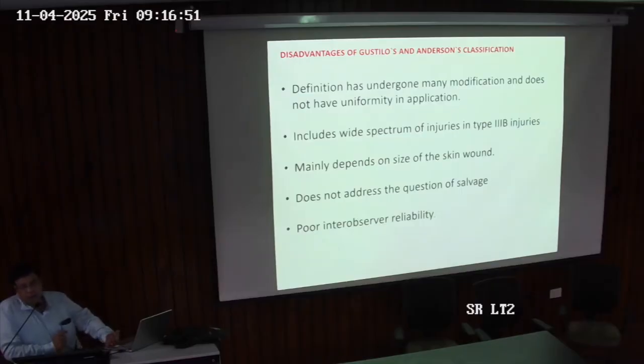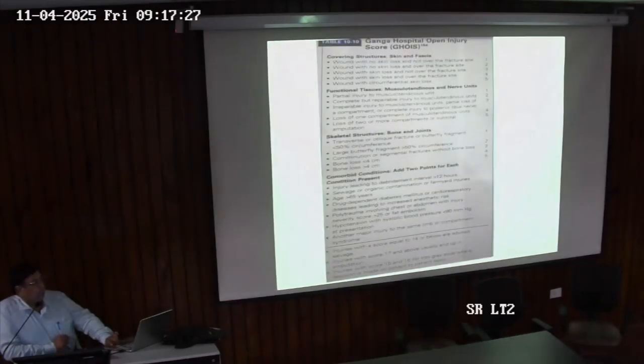What is limb salvage? As we have seen in the photograph in the start, if we can save the limb, that is called limb salvage. So it may involve bone transport, neurovascular repair or graft, and here there is poor inter-observer reliability.